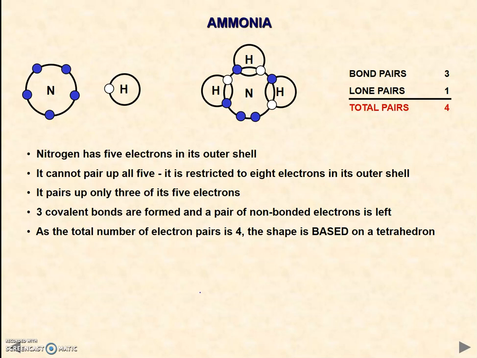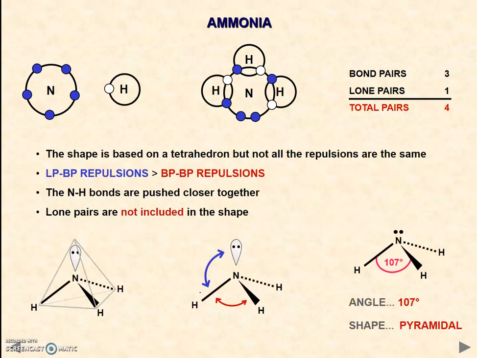So if we take ammonia for example, ammonia has got 3 bond pairs and 1 lone pair of electrons. If we look at the shape here, because we've got 3 bond pairs down here, and a lone pair of electrons here being shown in the orbital, it's kind of reminiscent of the tetrahedral shape we saw with methane before.